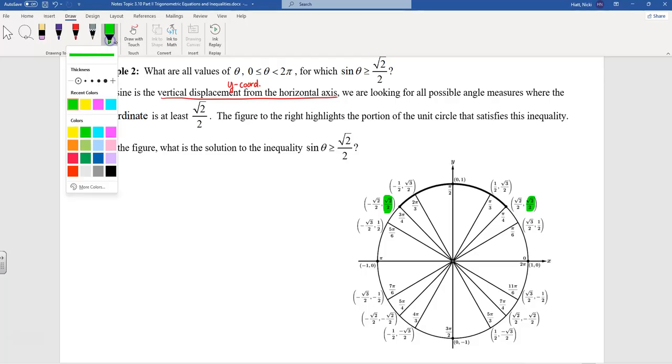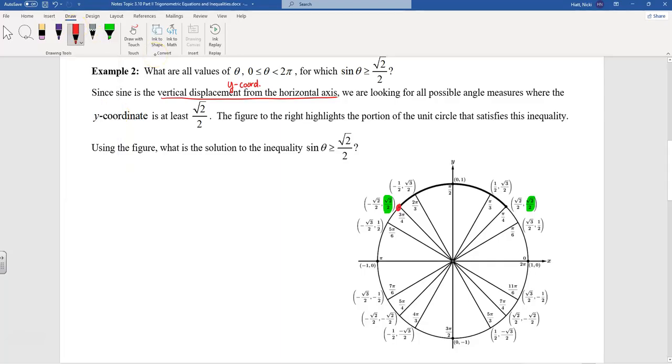If you want, you can connect those with a line. I am looking for anything that has values above that. So my y coordinates above these points are going to give us values where sine of theta is greater than or equal to square root of 2 over 2.